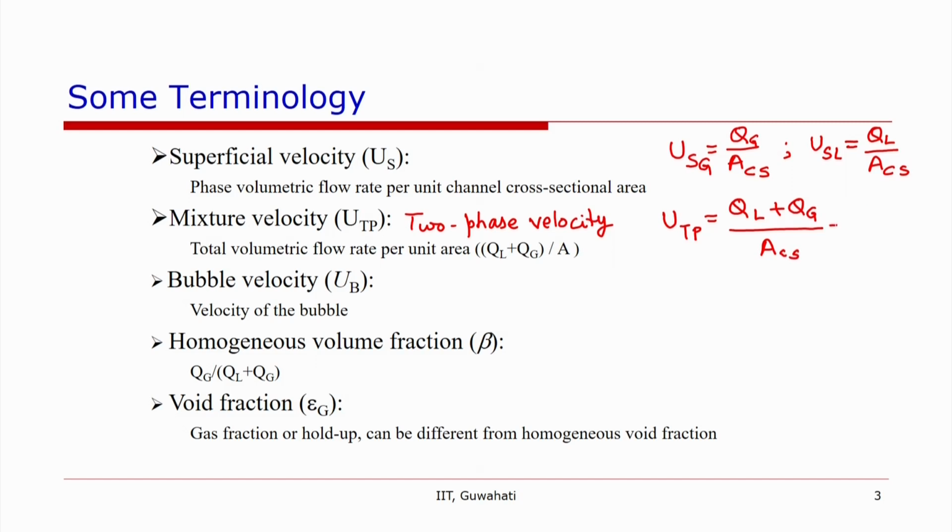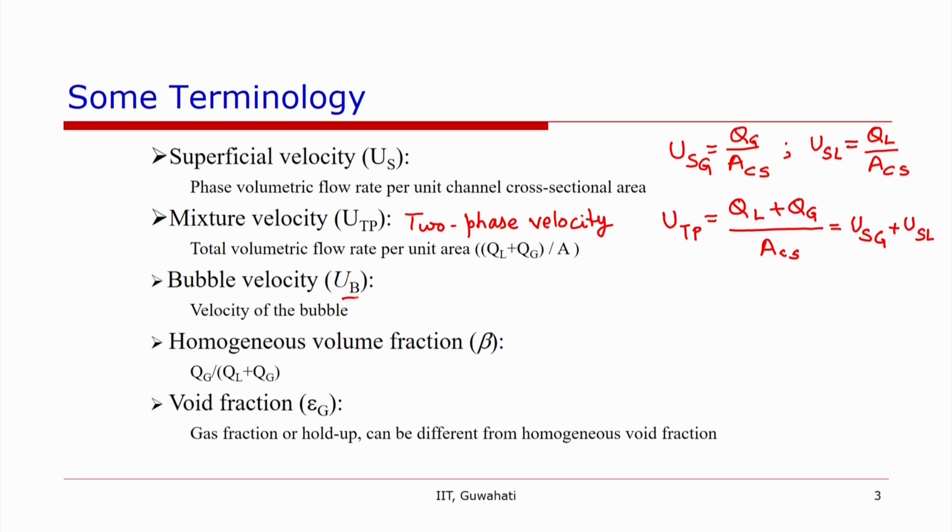So, from this we can see UTP is equal to superficial velocity of gas plus superficial velocity of liquid. Now, bubble velocity, the bubble will generally be moving faster than the average velocity of liquid in the channel. So, the velocity of the bubble, we generally represent using UB.